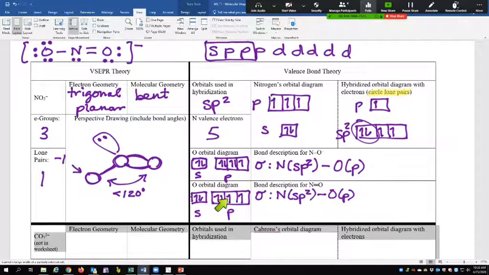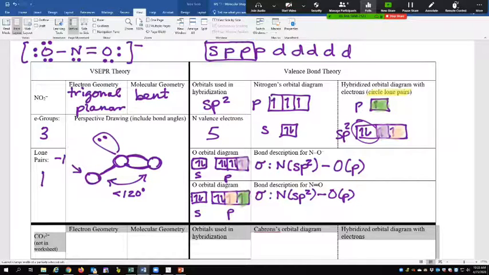So we've used this electron. Actually, let me do this. So I took that electron and overlapped it with this orbital. And I took this electron and overlapped with this orbital. And so what I've got left is this one right here, and that's going to overlap with the unhybridized p orbital.